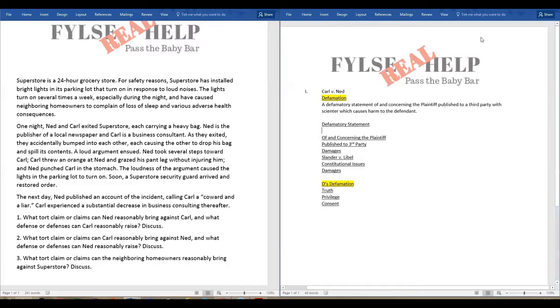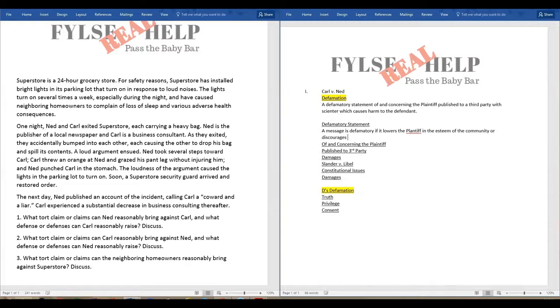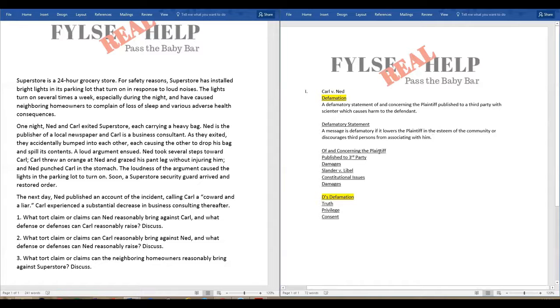So let's get our defamatory statement down here. A message is defamatory if it lowers the plaintiff in the esteem of the community or discourages third persons from associating with him. I know that a lot of you right now are thinking, don't you have to show that it was understood as that? Well, of and concerning the plaintiff is where we have that discussion. Here we need to bring up the defamatory nature.